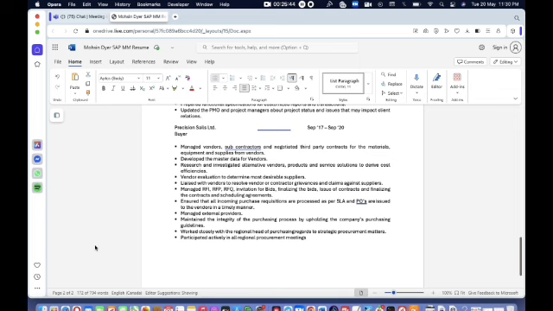Purchase organization can be assigned at company code level and plant level. How many types of purchase organizations are there? I think one. No.